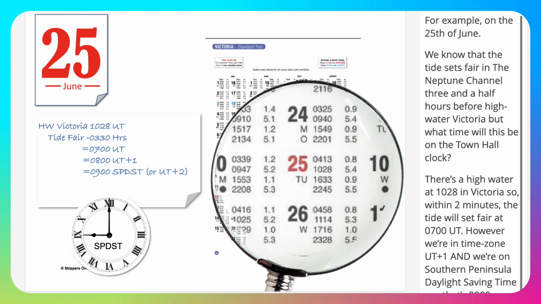But what time will this be on the Town Hall clock? There's a high water at 10:28 in Victoria, so within 2 minutes the tide will set fair at 0700 UT. However, we're in time zone UT+1 and we're on Southern Peninsula Daylight Saving Time, so that's 0900 on the Town Hall clock.